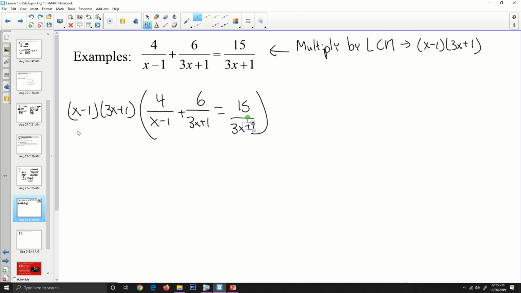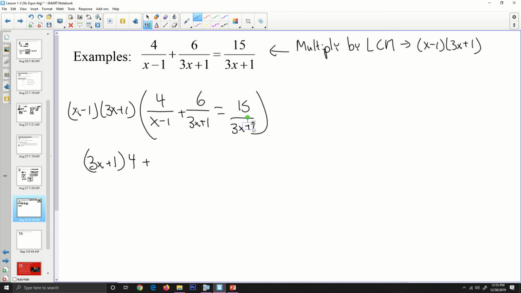All right, so when I multiply this expression times this first fraction, I've got an x minus 1 on the top and an x minus 1 on the bottom, so they will cancel. So in this particular instance, all I'll have is the 3x plus 1 times 4. So I'm going to write that. 3x plus 1, and then I will multiply that by 4.